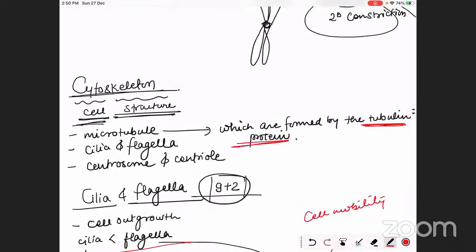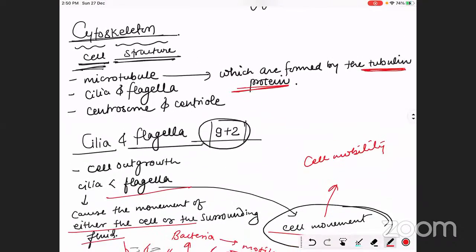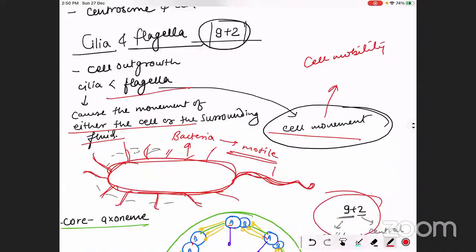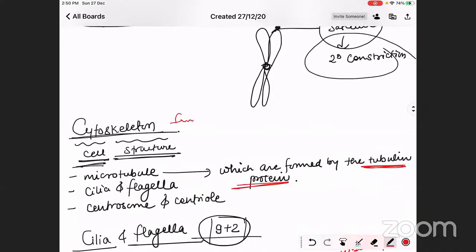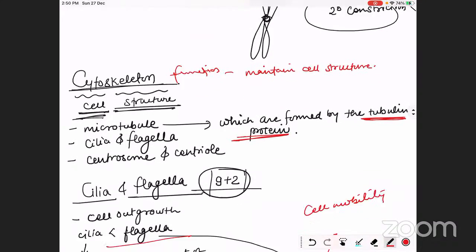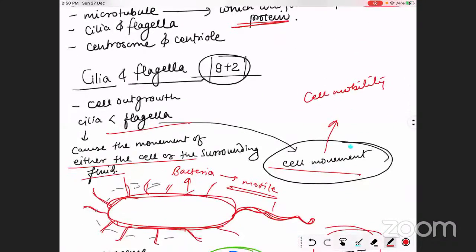Then the cytoskeleton, the cell structure maintaining substance. What is the function of the cytoskeleton? The function is to maintain cell structure, in which we have microtubules, cilia, flagella, centrosome, centriole.